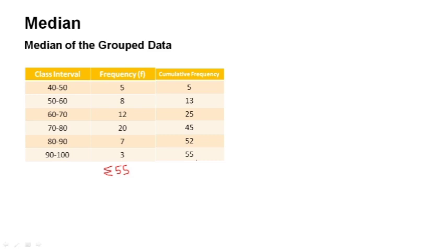Once we find this frequency, then divide it by 2. Then we use this formula. Remember this n by 2. This n is nothing but the summation of all frequencies, or the total frequency. Then n divided by 2, that value we have to calculate.